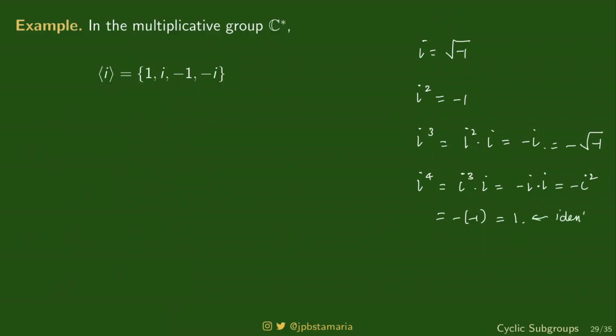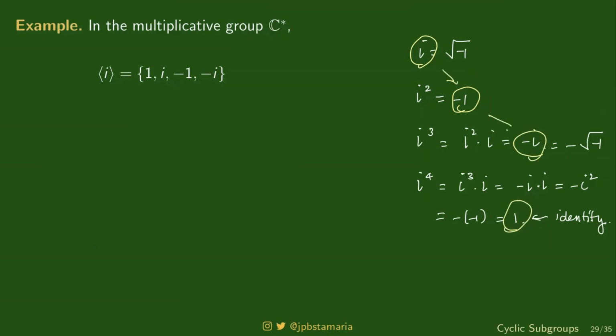Ang identity natin dito, 1 kasi multiplication tayo. So in other words, uulit-ulit na lang yung apat na yan. Ano yung apat na powers? i, negative 1, minus i, tsaka 1. Paulit-ulit na lang tayo dyan sa apat na yan.